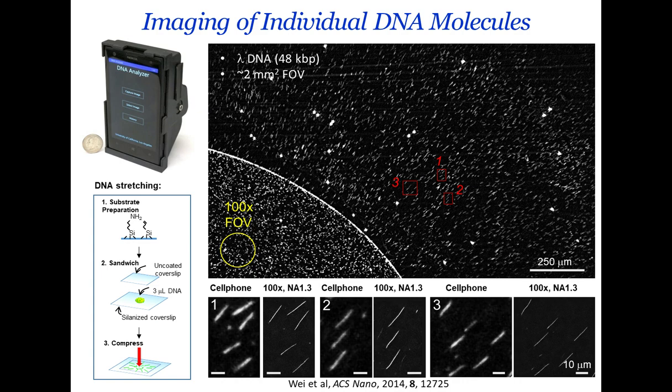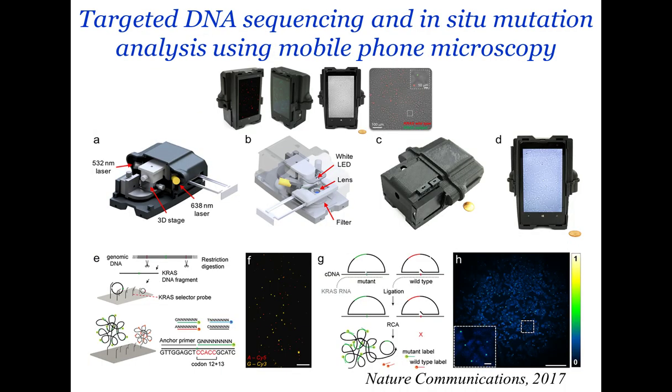As shown here, with a simple, inexpensive interface, you can see fluorescently tagged DNA molecules and size them with about 1 kilobase sizing accuracy. This is quite relevant for bringing genetic testing to these types of microscopes. In a recent work, we performed targeted DNA sequencing and in situ mutation analysis using a multimodal mobile phone-based microscope, which had bright field in addition to 2 different channels of fluorescence.